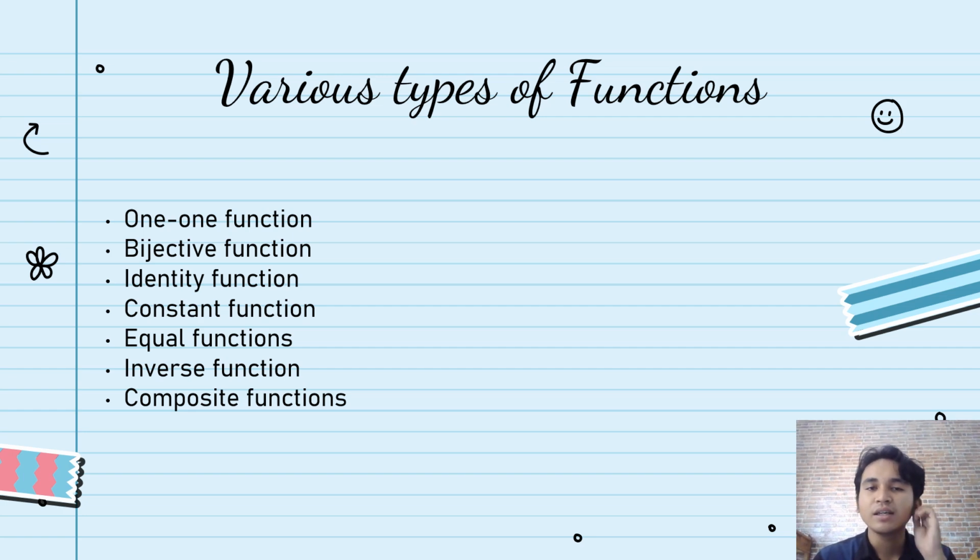Next are equal functions. Two functions f and g are said to be equal, written f equals g, if they have the same domain and they satisfy the condition f(x) equals g(x). Next, the inverse function.